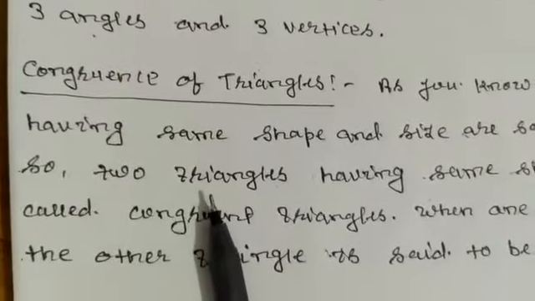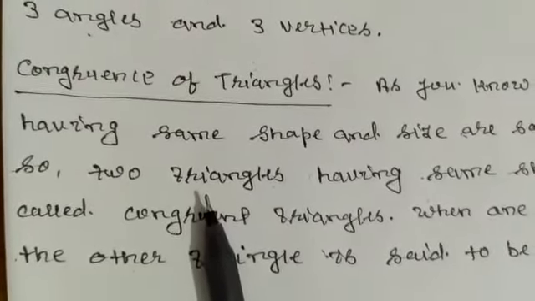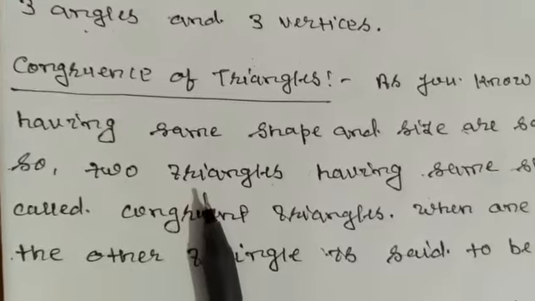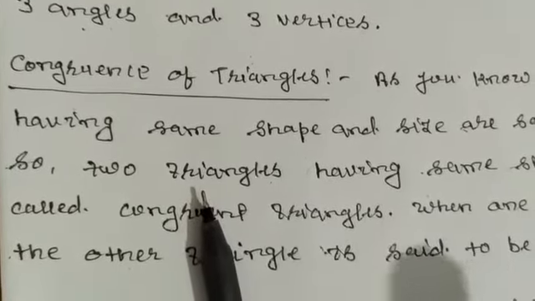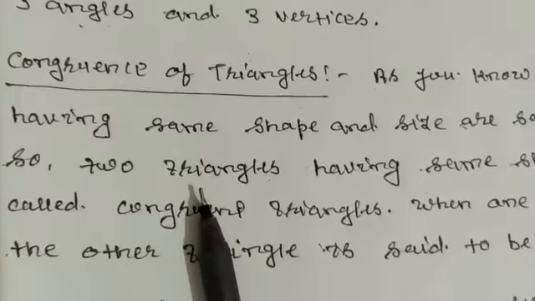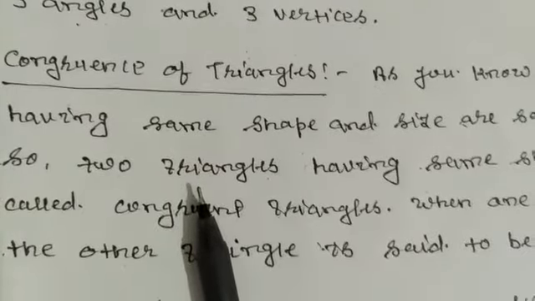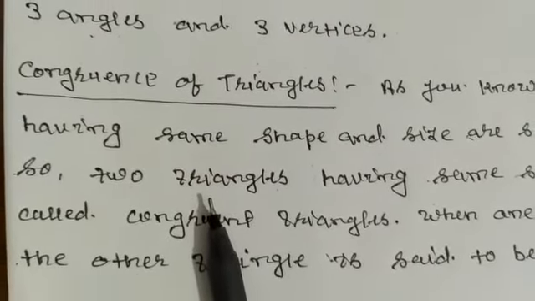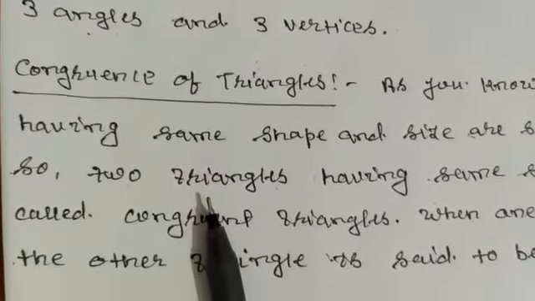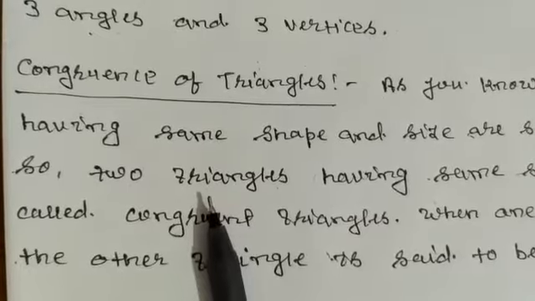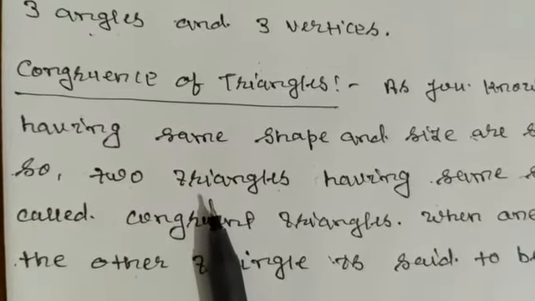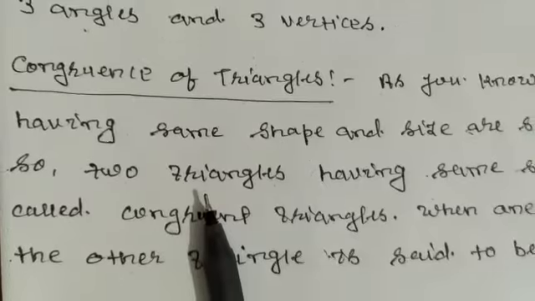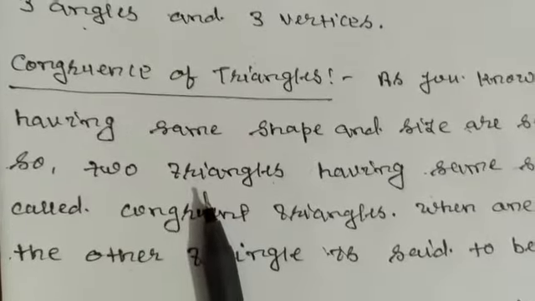More examples of congruent figures are two circles having the same radius. Two squares having the same sides are also an example of congruent figures, and many more in such a way.